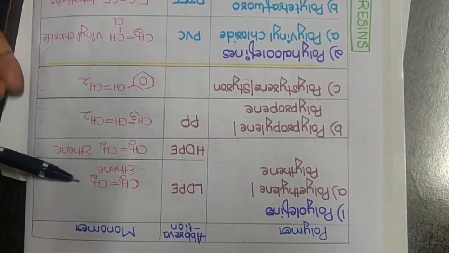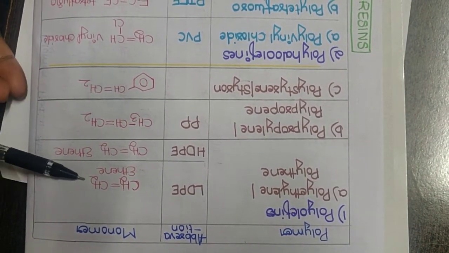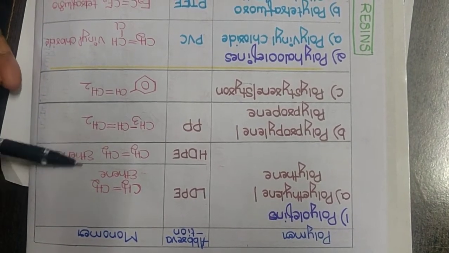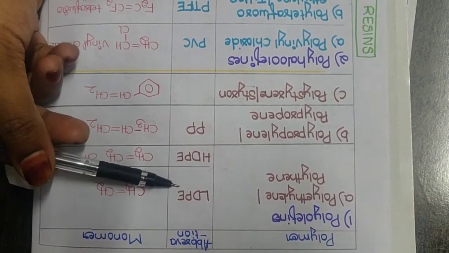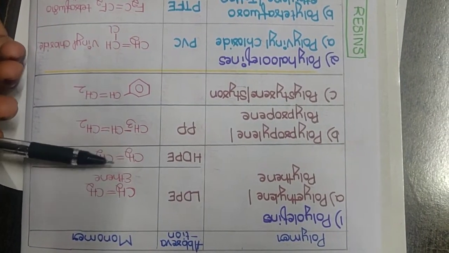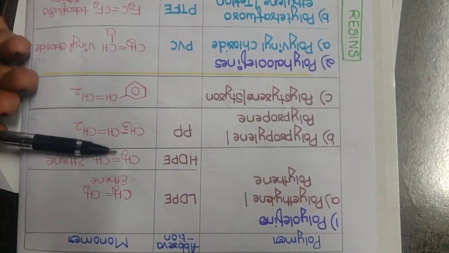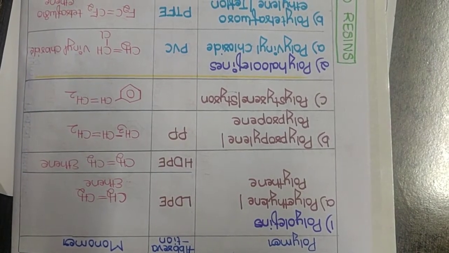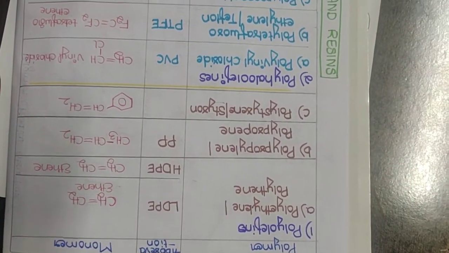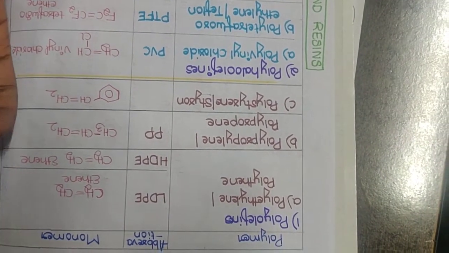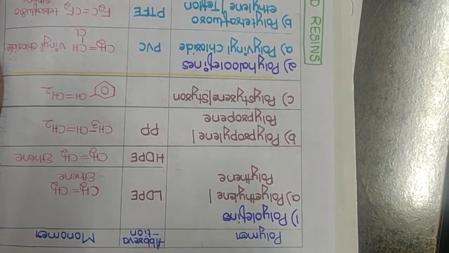We have to take different temperature, different pressure, and the catalysts are totally different. Let me remind you once again, for LDP and HDP the conditions differ. The monomer remains the same and the polymer also remains the same, but they differ in their properties because of the different conditions maintained during polymerization.